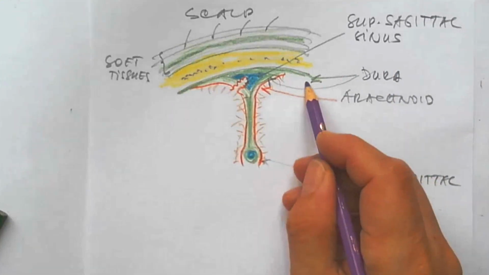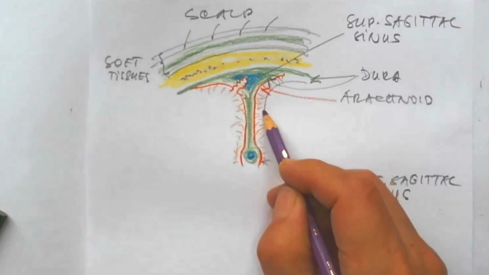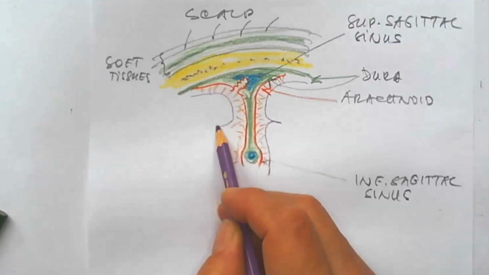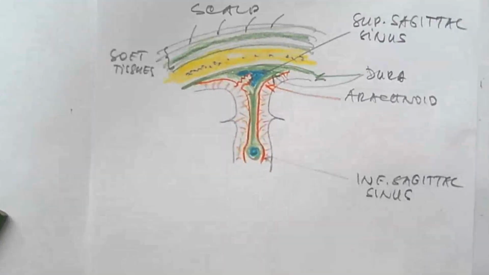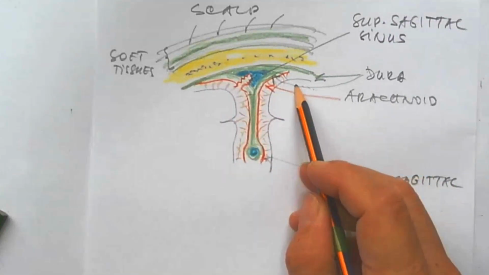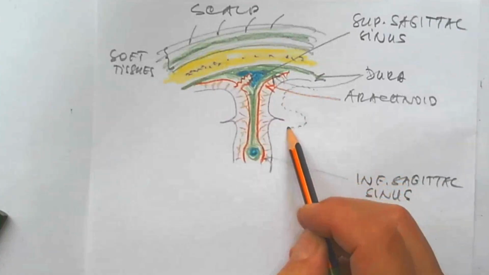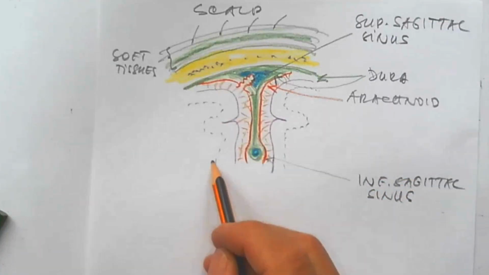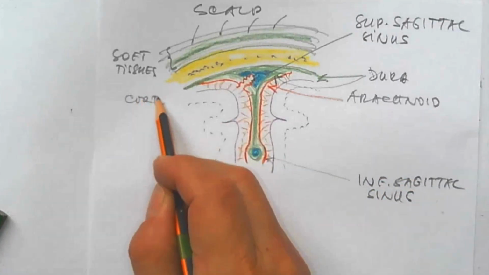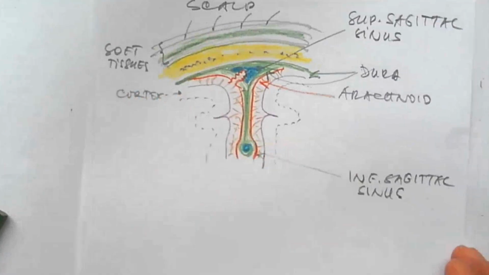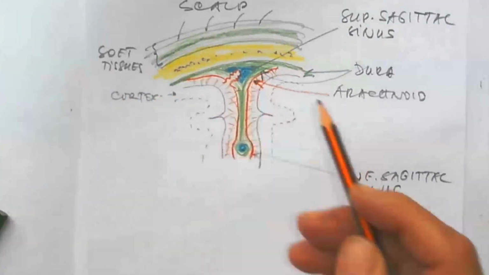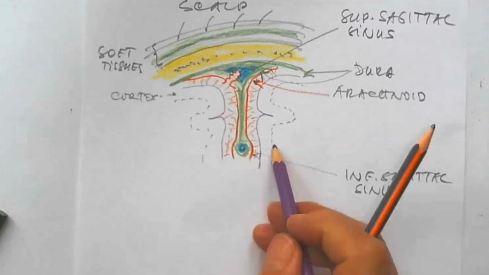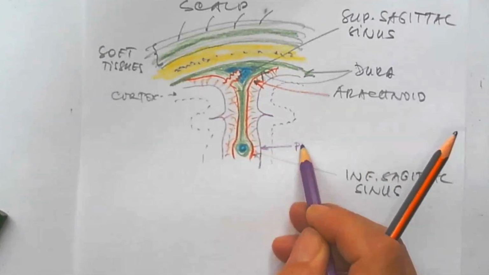Then follows pia, the last one, drawing just a very small part of pia. And as you see, pia is firmly adherent, attached to the cortex. So just the dotted line indicates the position of the cortex, just cortex of the brain. So reddish is arachnoid, and light violet is pia. Maybe here we can add pia.